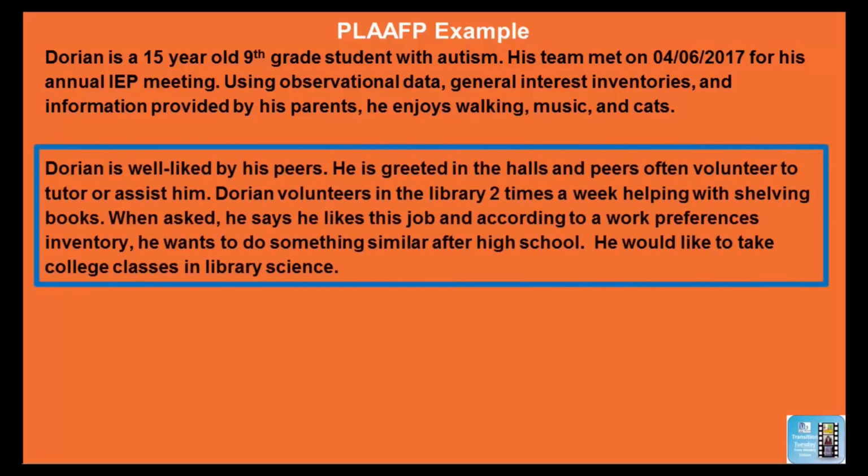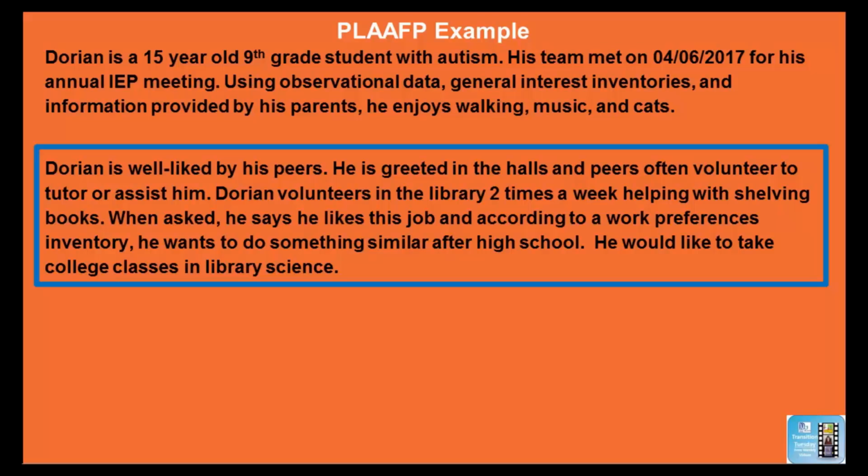Dorian is well liked by his peers. He is greeted in the halls, and peers often volunteer to tutor or assist him. Dorian volunteers in the library 2 times a week, helping with shelving books. When asked, he says he likes this job, and according to a work preferences inventory, he wants to do something similar after high school. He would like to take college classes in library science.